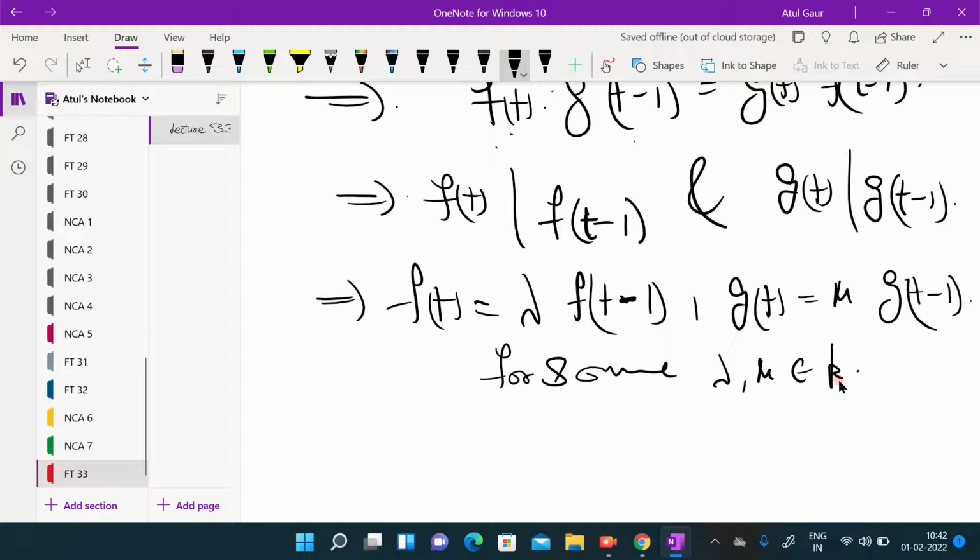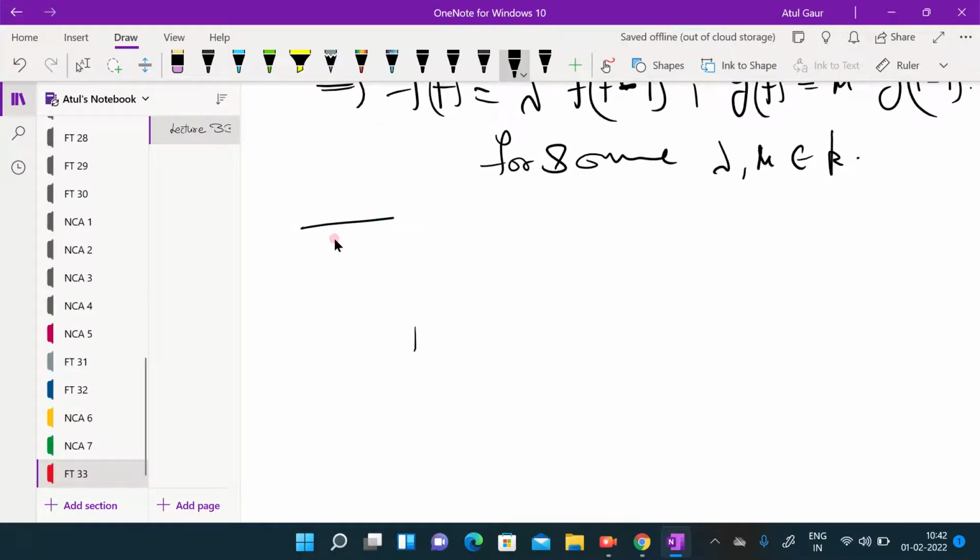And because the characteristic is 0, you are getting infinitely many roots of a polynomial. Is this all right to you? Yes.